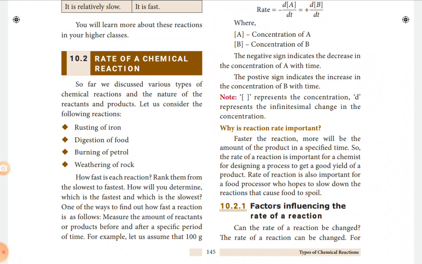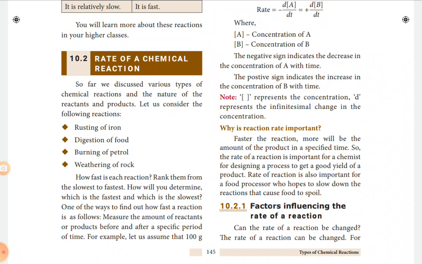The phenomenon of formation of rust is rusting. Normally rusting requires oxygen and water, these are the main elements, but in the presence of acidic nature the rate of rusting will be faster. That's why the carbon dioxide present in the atmosphere influences the rate of the reaction in the form of carbonic acid and increases the rate of the reaction.